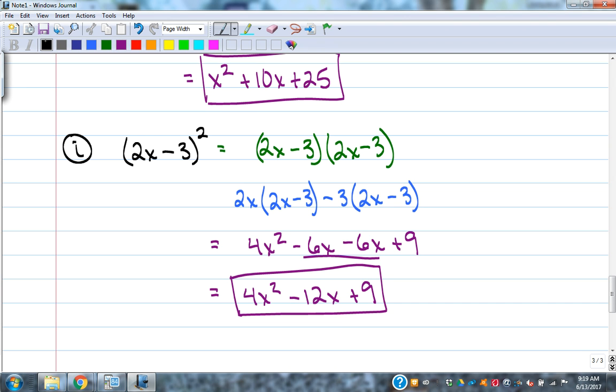A friend of mine that I went to undergrad with was getting his doctorate this year, and we were talking about common mistakes in different levels of classes that we taught. He was teaching a differential equations class, which is basically calculus 4, and this was a common mistake with his students, doing this and not getting the correct answer.